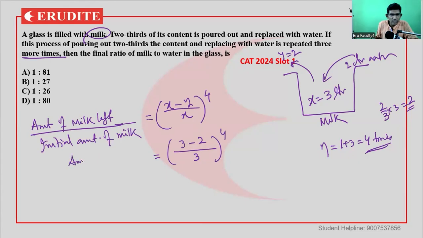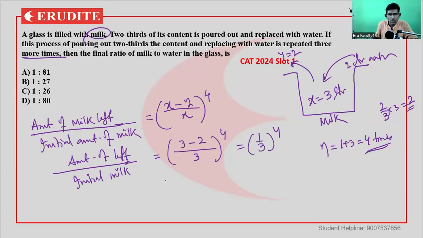So what is the fraction of milk left? That would be equal to (1 by 3) whole to the power 4, which is equal to 1 upon 81. That means the fraction of milk left is 1 upon 81.